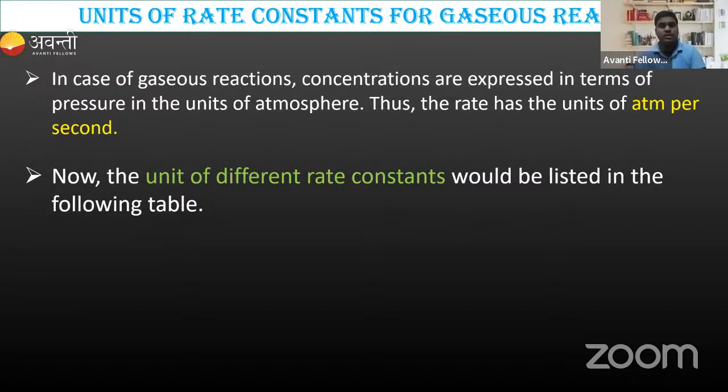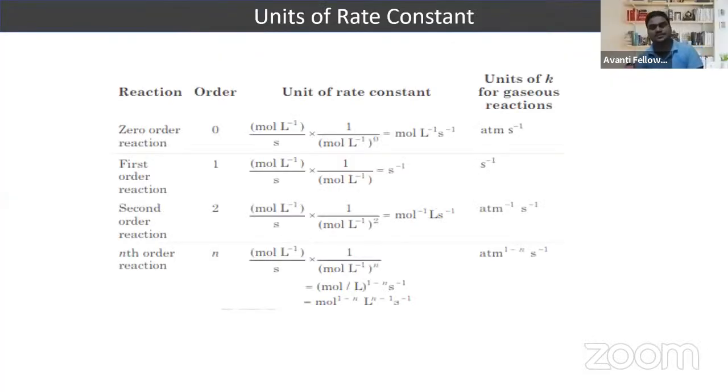Now, the units of different rate constants are listed in the following table so that we get an idea about them. Let's study the zero order, first order, second order, and nth order. How will you find the unit of k?